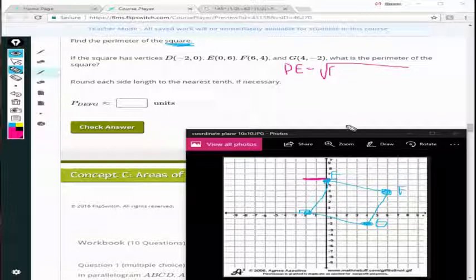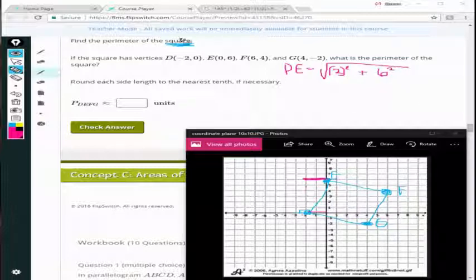And because I'm starting at D and I'm going to E, it's going to be positive. So 2 squared plus the vertical distance is going to be 1, 2, 3, 4, 5, 6. So that is 6 squared.